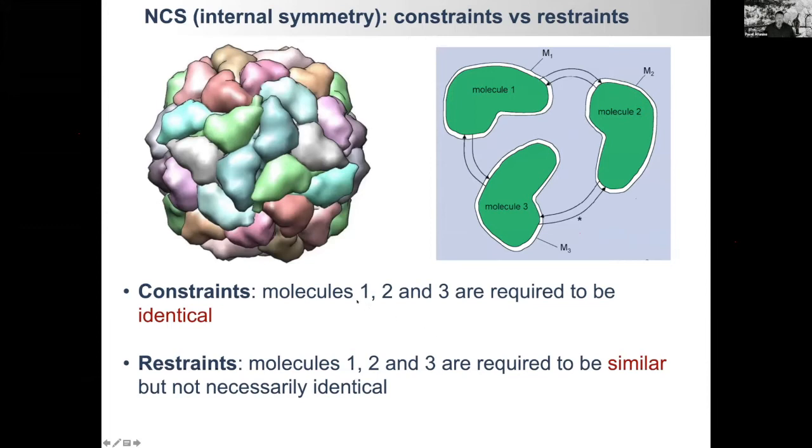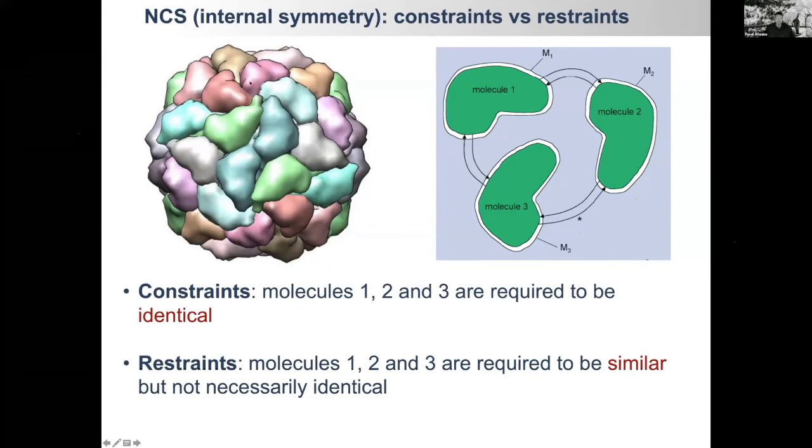Now, at this point, I want to mention the difference between constraints and restraints. As I said, we want to exploit all information that we can in refinement to make it stable, right?